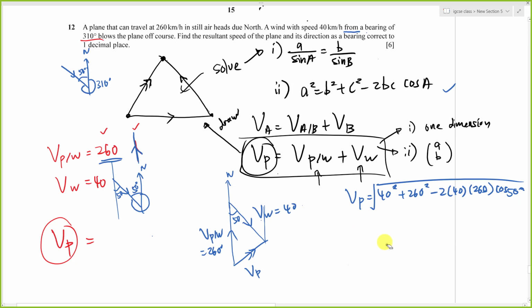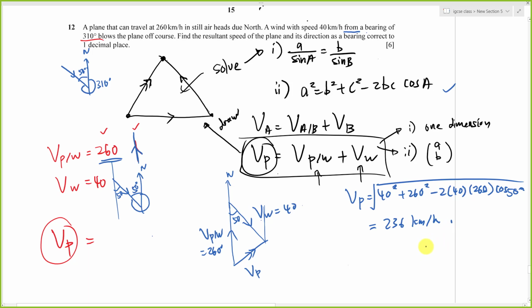So you type everything in the calculator again, but change the 130 to 50. And then you square root your answer. Should be 236. I think you can leave it as a whole number, km per hour.